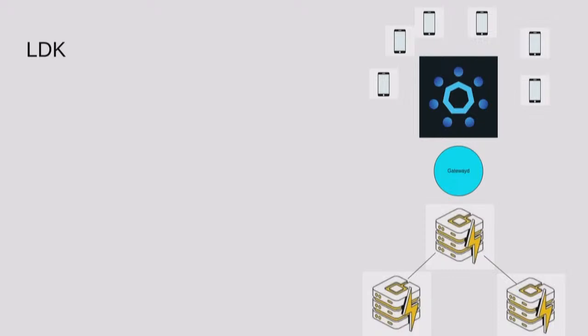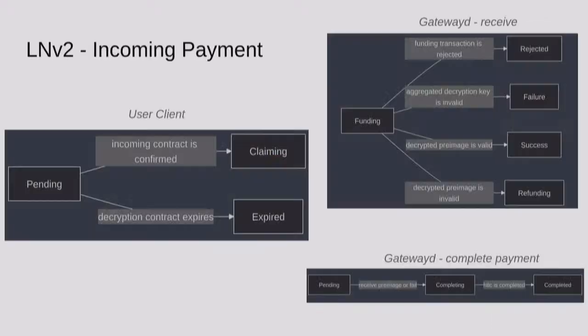Let me add one thing. As I said, the gateway generates the invoice, which has the aforementioned benefits, but furthermore, it implicitly registers the payment with the gateway. LNV1 did not do this. The gateway did not set up a payment coming for him, and that is fine for CLN and LND, where we can use HTLC interception for unregistered incoming payments.